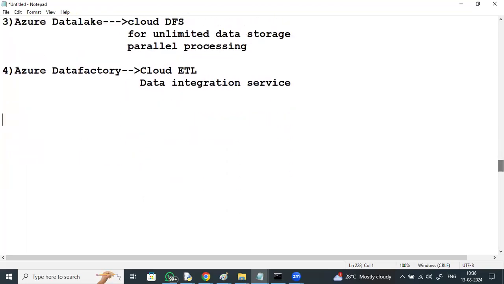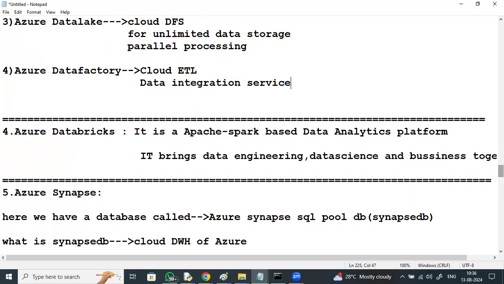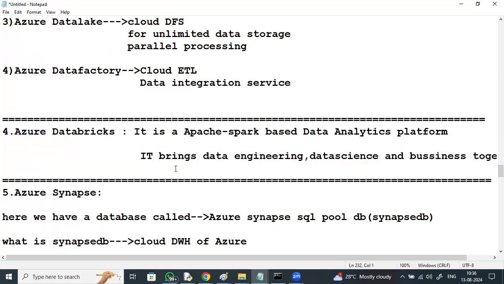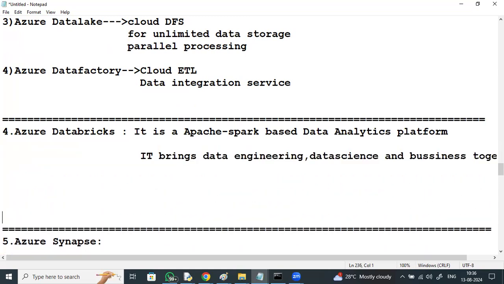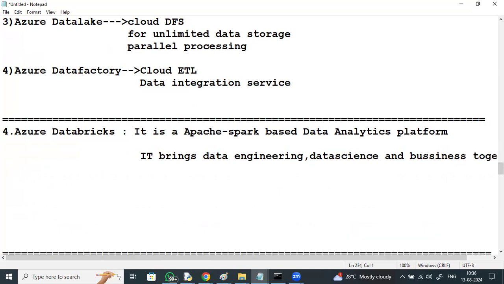Next is Azure Databricks. As I said, it is an Apache Spark-based data analytics platform. It brings together data engineering, data science, and business. But what is Databricks?